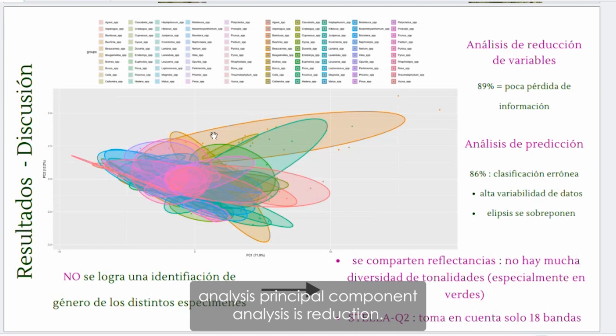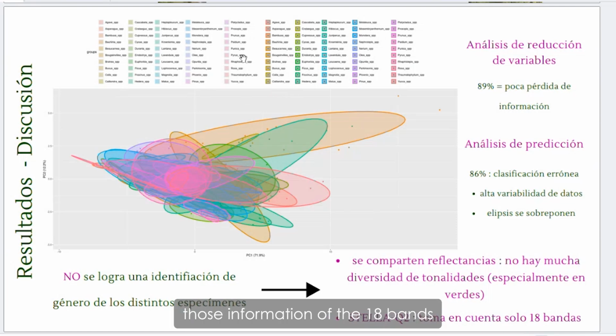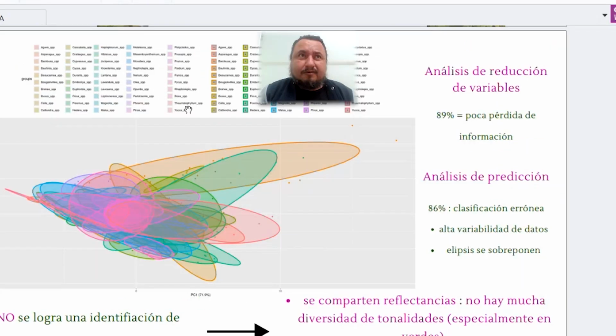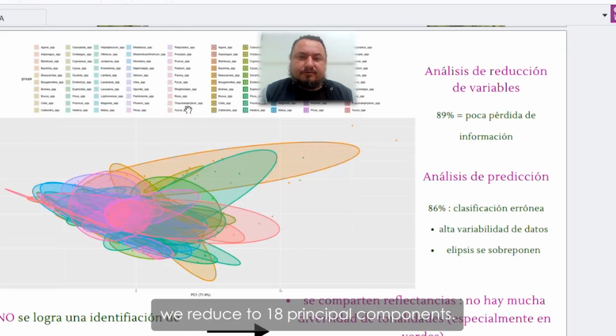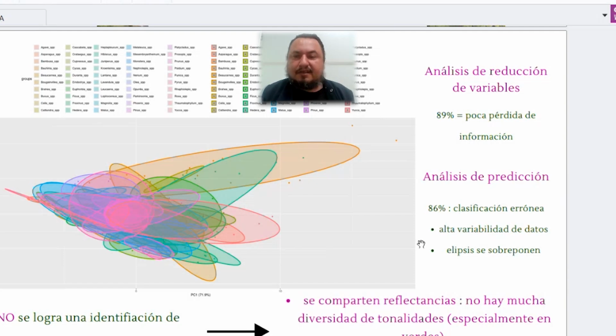Principal component analysis is a reductional information procedure. So we have 18 bands, and those information of the 18 bands, we reduce to 18 principal components. So with that reduction, we have 89% of all data variation.